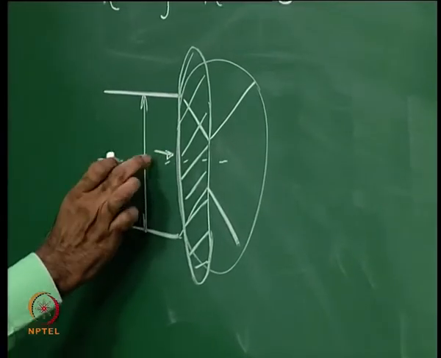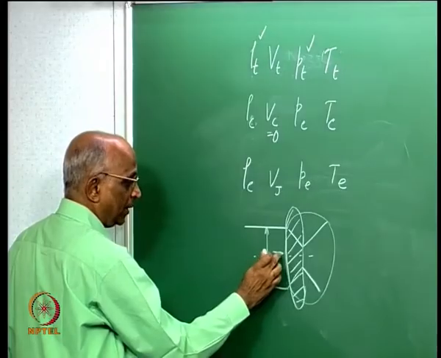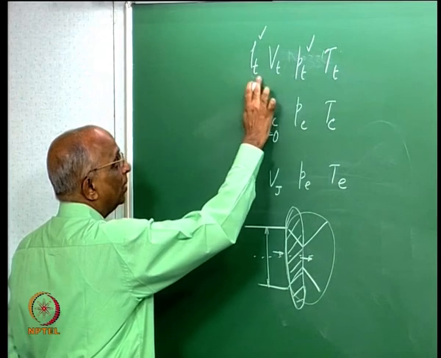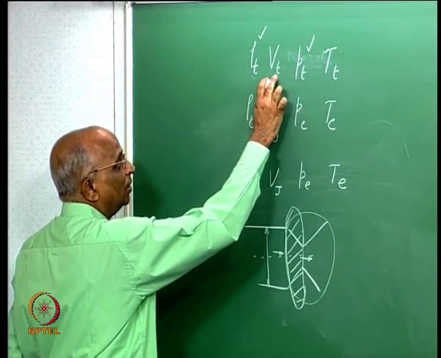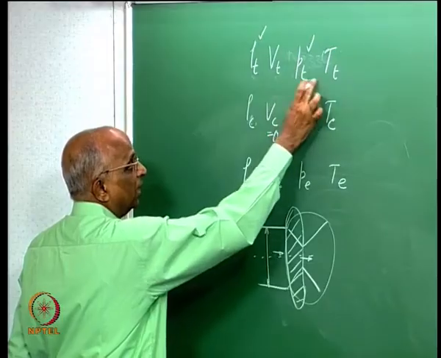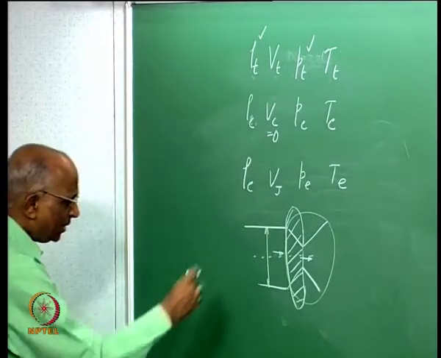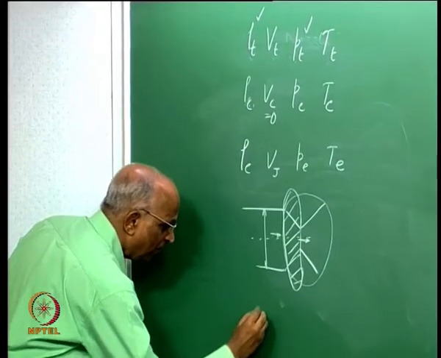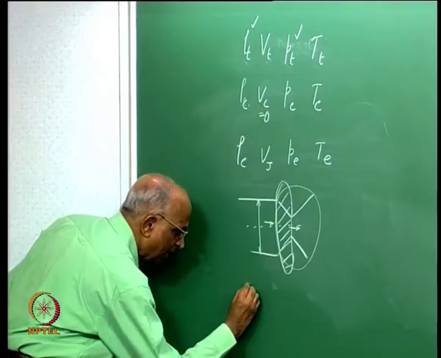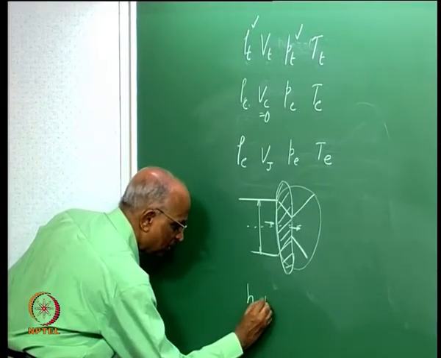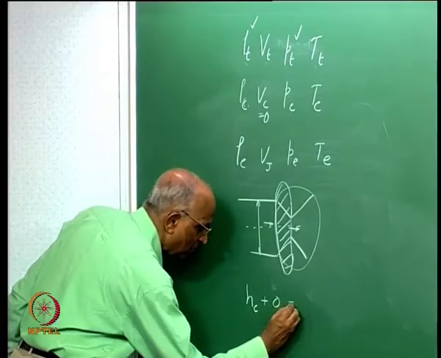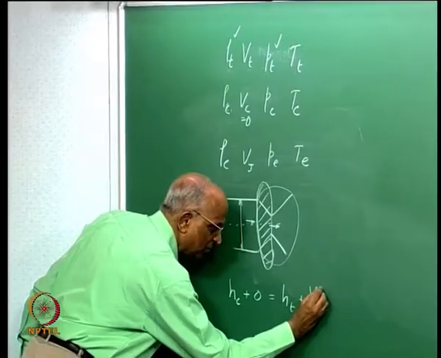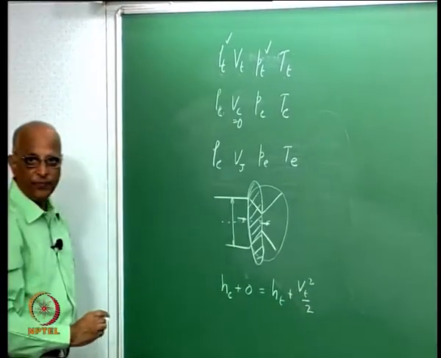Gas enters at a pressure Pc at velocity 0 at a temperature Tc. At the throat it leaves at a condition rho t at a velocity equal to the sound velocity because it is choked, at a pressure Pt and at a temperature Tt. So, let us write the expression for this control volume. Let us again assume adiabatic condition, and therefore, we can write the enthalpy entering is Hc plus kinetic energy 0 is equal to H at the throat plus Vt squared divided by 2 kinetic energy.